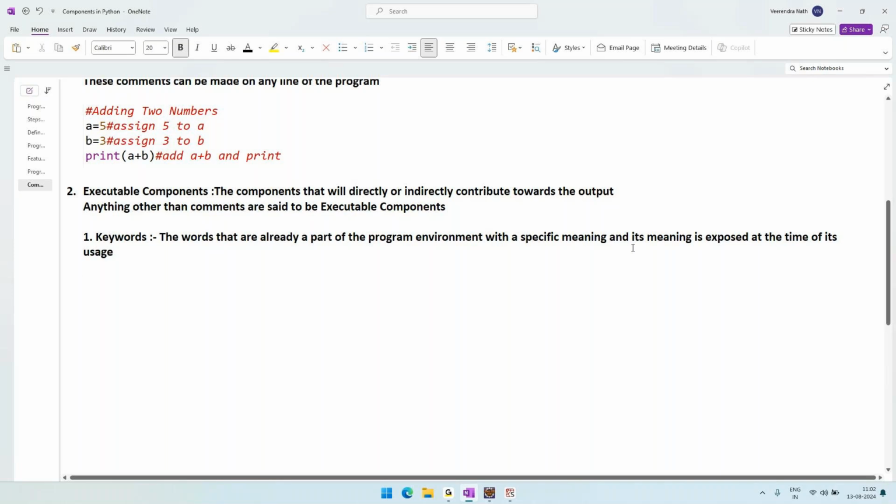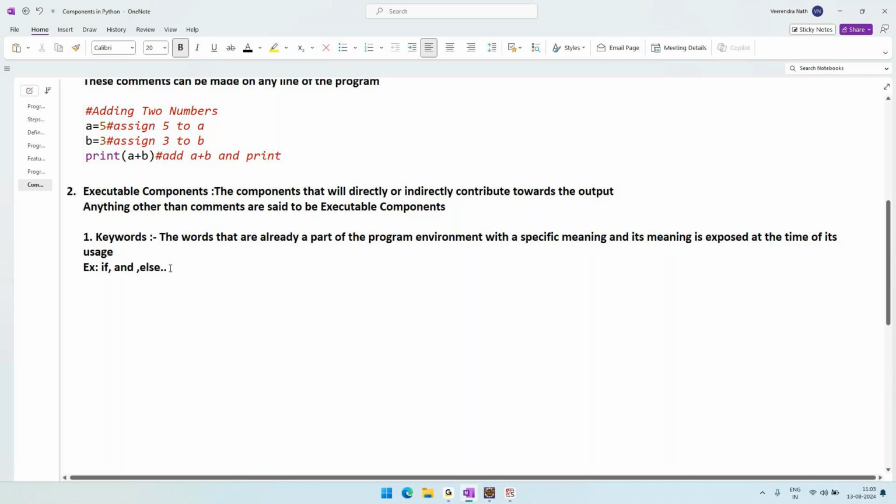Now, for example, you have so many keywords. We will take some of those keywords, something like if and else.